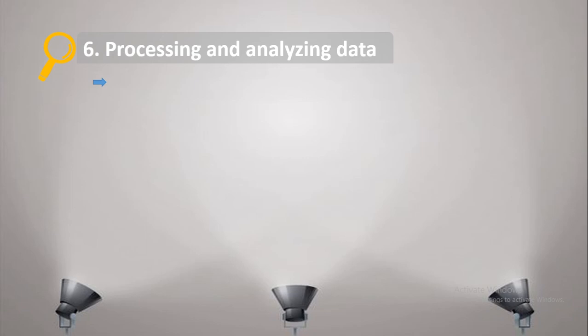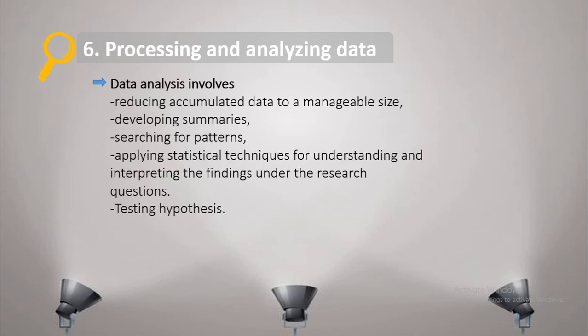And the sixth step is processing and analyzing the data, as we are already discussing. Data analysis also involves reducing accumulated data to manageable size. This means summarizing the data. When the data is collected, you need to classify it, make tables, and make summaries of the data.